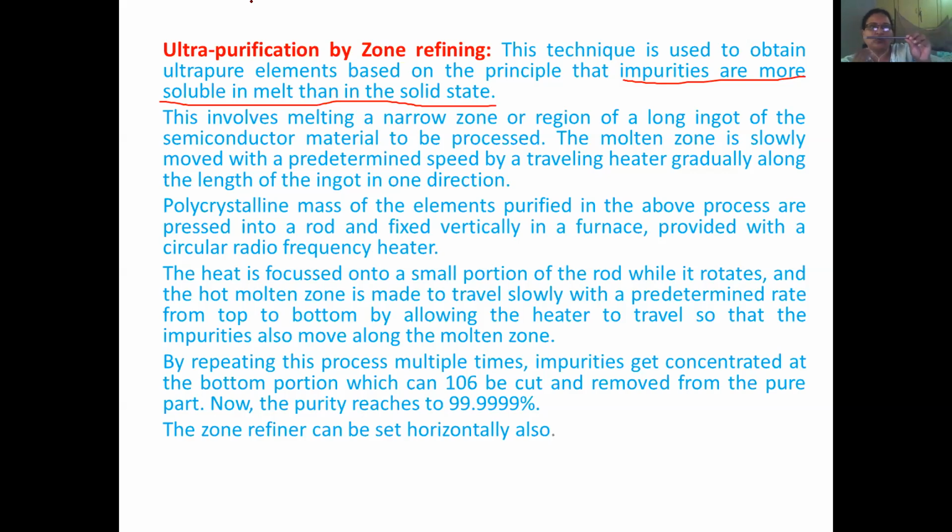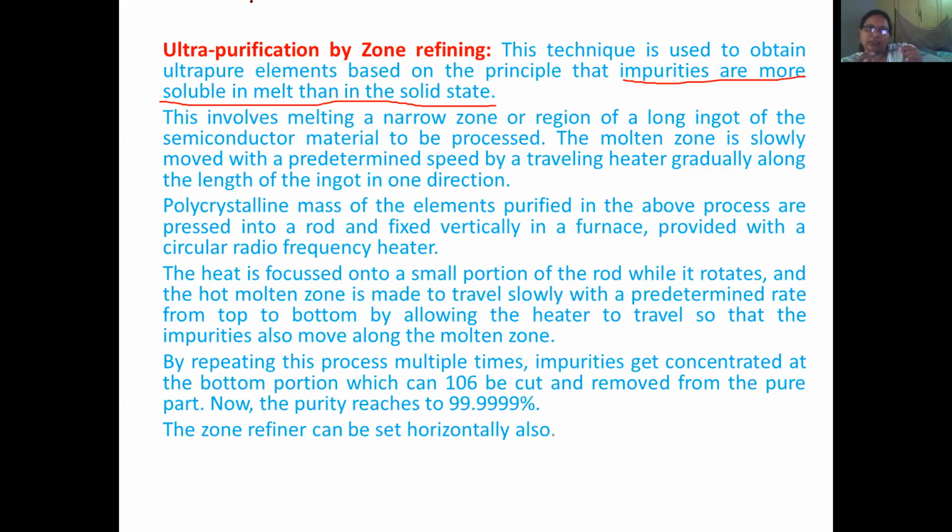Now what I do is, to this rod I put a circular heater, and I'm moving this circular heater along this rod. So what is happening? When I am moving this, this becomes the melt part, and this becomes the solidified part.